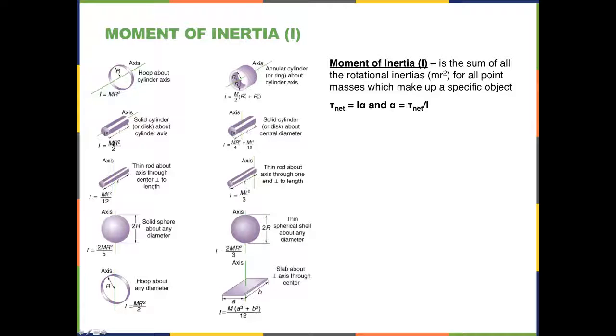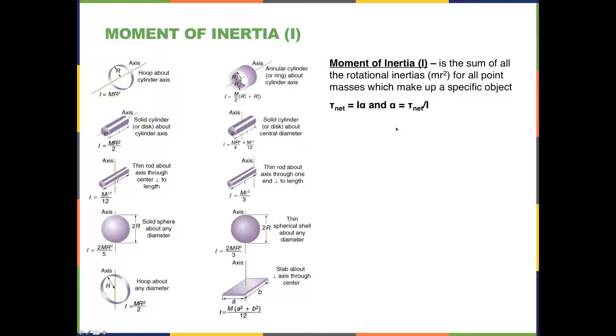If on the other hand we rotate it around this axis, then you see it's ml squared divided by 12, and so forth. This is a table that I will allow you to refer to for problems related to this. So the net torque is equal to the moment of inertia times alpha, and alpha is equal to the net torque divided by the moment of inertia.